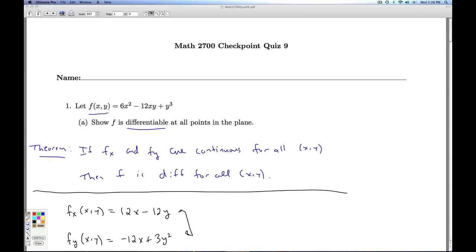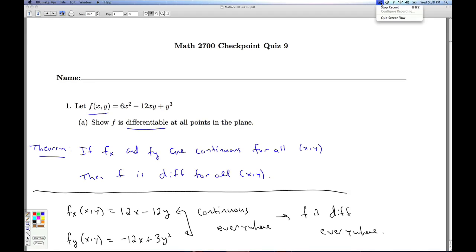If I look at both of these, these are continuous everywhere. So the theorem tells us then that f is differentiable everywhere. So that'll do it for 1a.